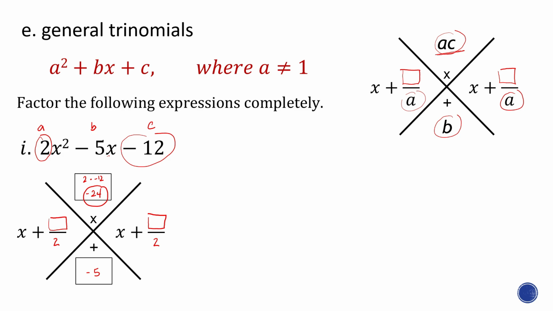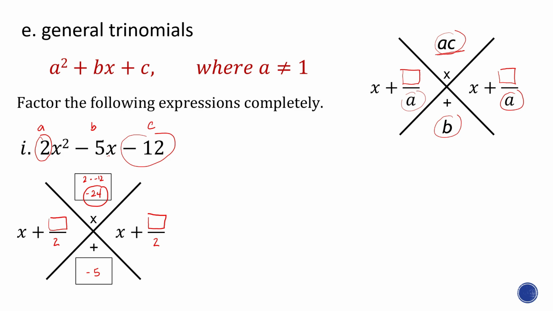Okay, so to find those two numbers, as you can see, we have a multiplication symbol here and an addition symbol at the bottom. This is like a puzzle. If you watch the video about factoring quadratic trinomials where a is equal to 1, it's basically the same. But here, since the a is not equal to 1, we need to consider the leading coefficient.